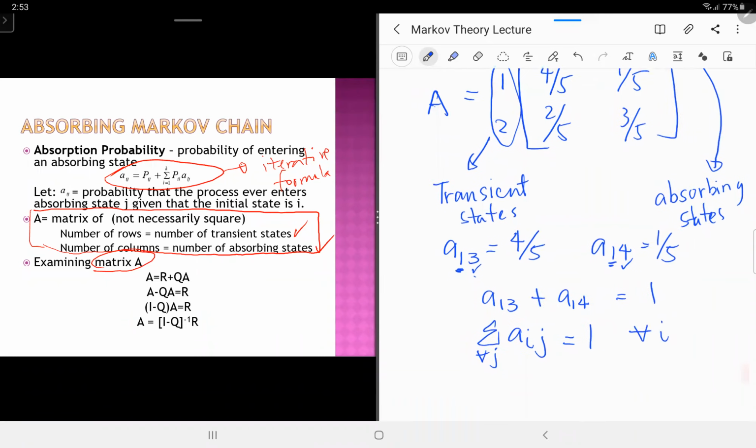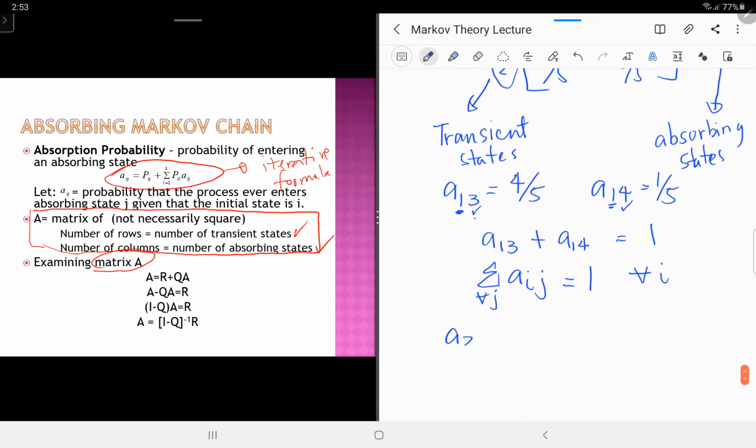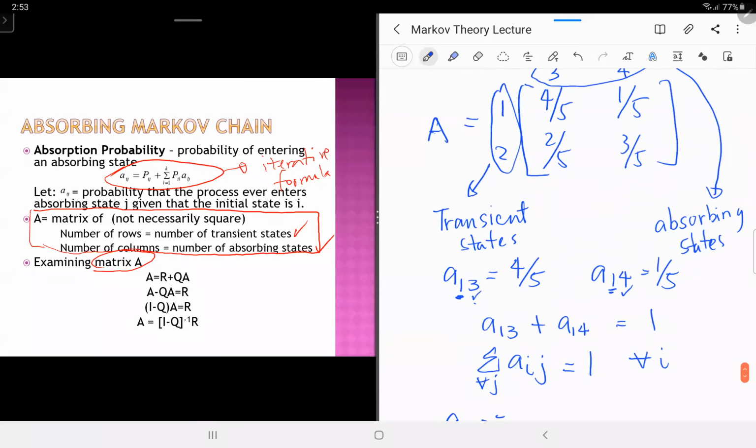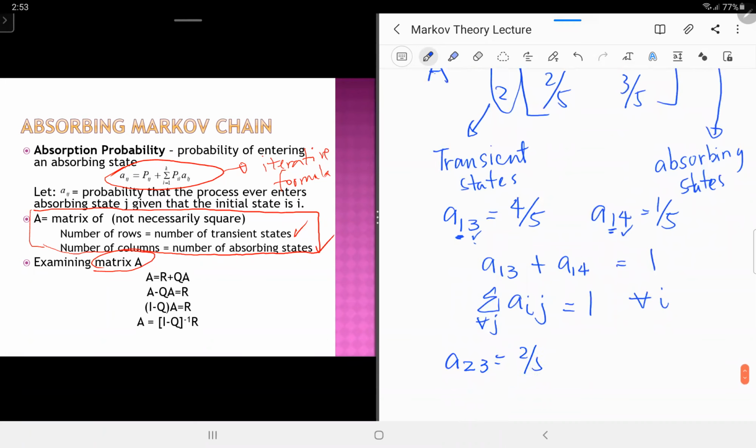So as you can see, coming from 2 going to 3, the probability is 2 over 5. And coming from 2 going to 4, the probability is 3 over 5. And the sum is 1 again. A23 plus A24 is equal to 1.